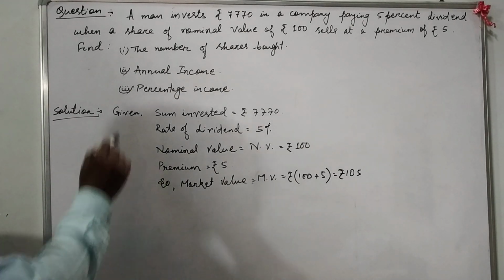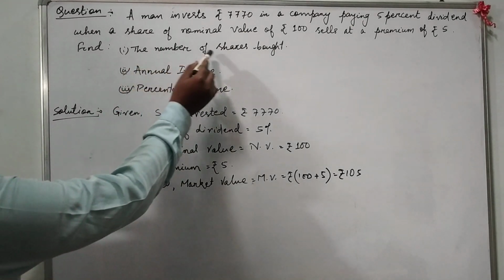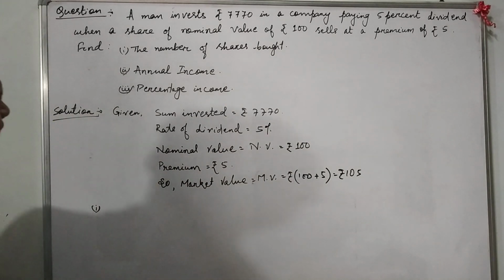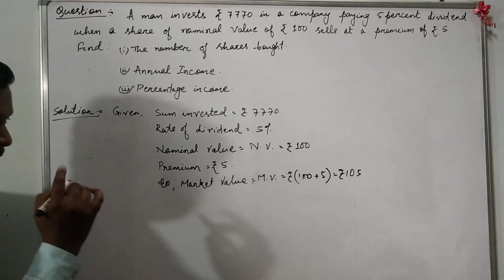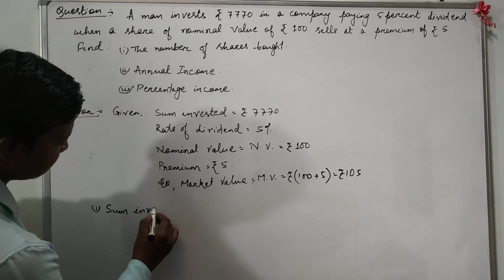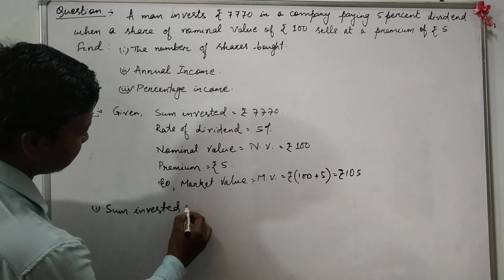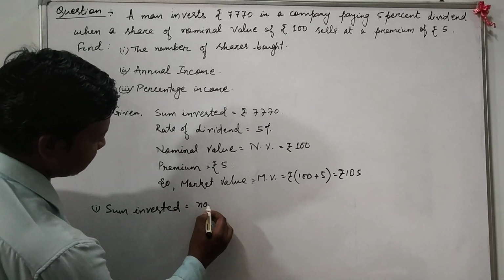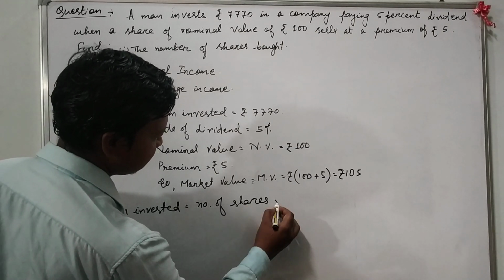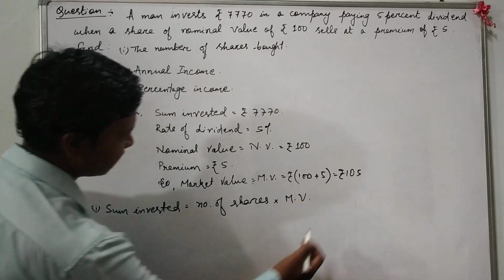Now, what is the first point here? The number of shares bought. We have to find out the number of shares. So how will you get it? We know the formula. Sum invested is equal to number of shares into market value.